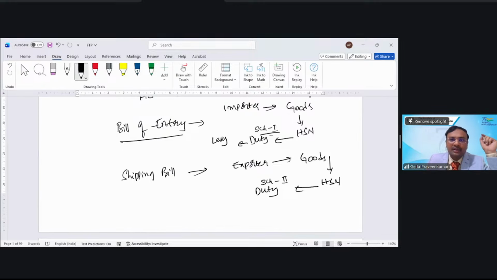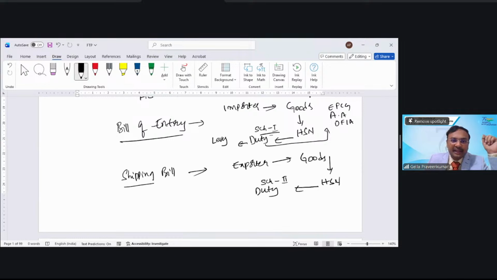Now, goods on which a duty is payable, there could be an exemption on account of EPCG. Goods which are exempted on account of advance authorization or duty-free import authorization.